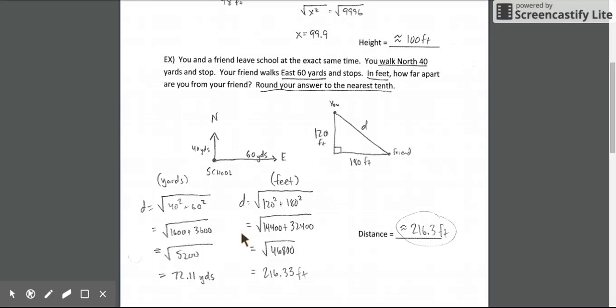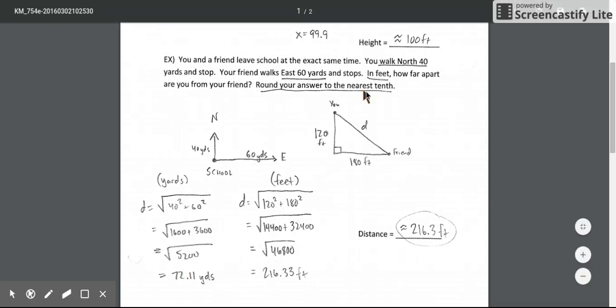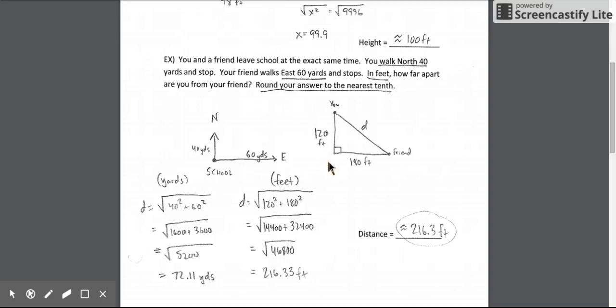But sometimes when we go through a long problem and we get an answer, we feel so good about ourselves that we forget that final step of conversion. So it might be better to always convert your values first and solve it using the units that are needed. So if I convert 40 yards to feet, 40 times 3 is 120 feet, and 60 yards becomes 180 feet. There are 3 feet in every yard.